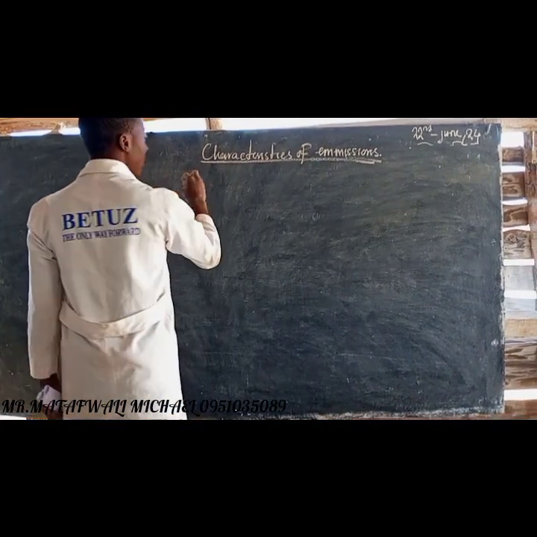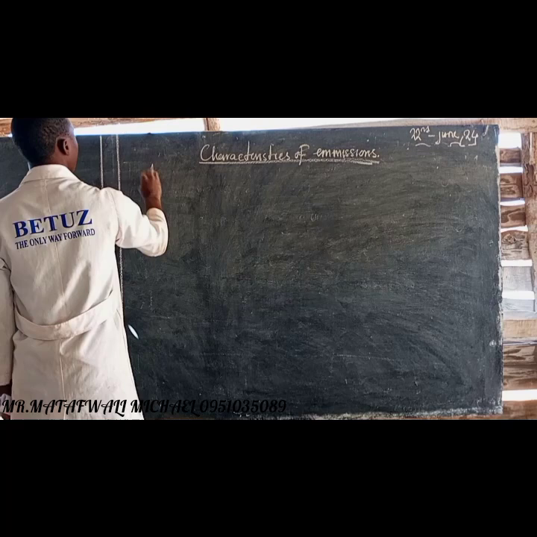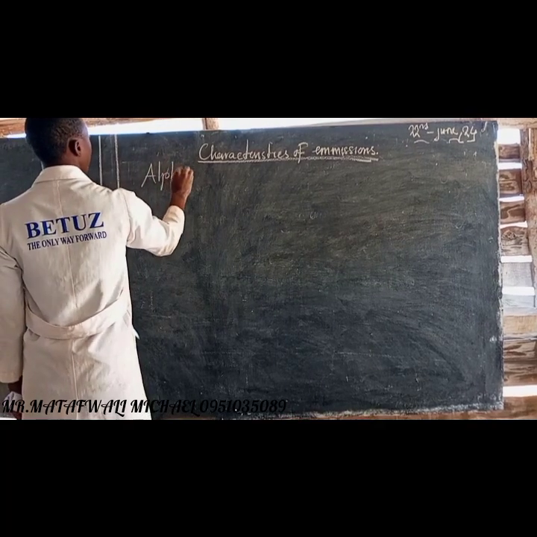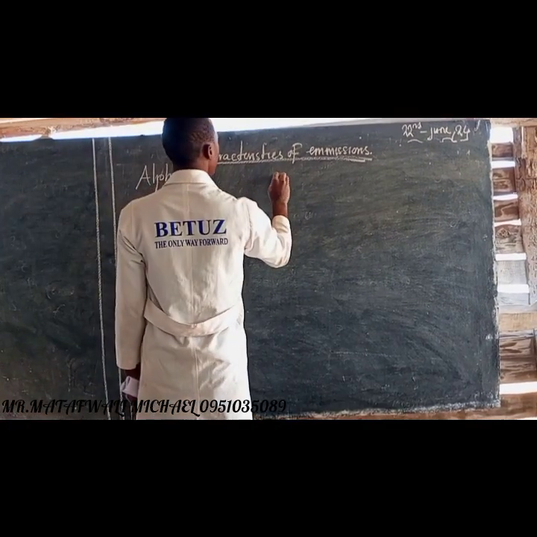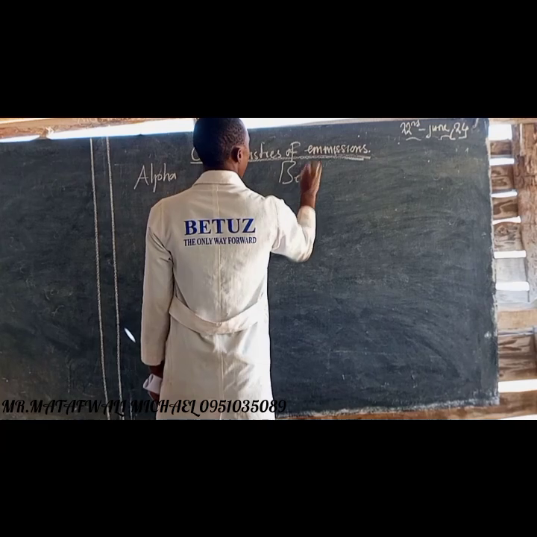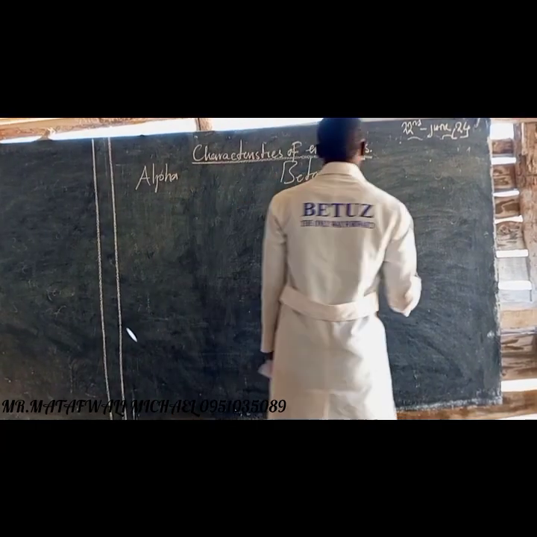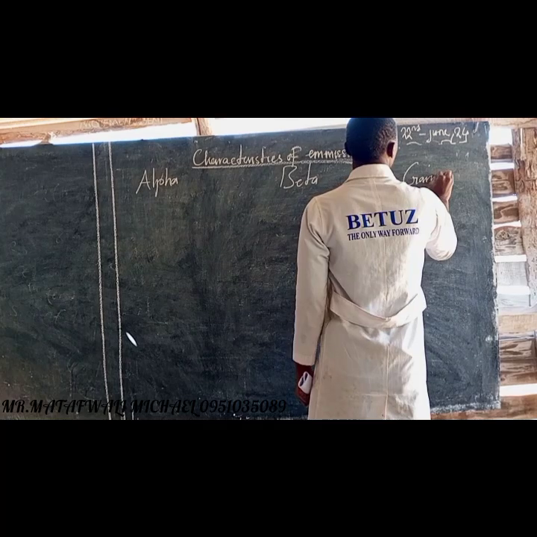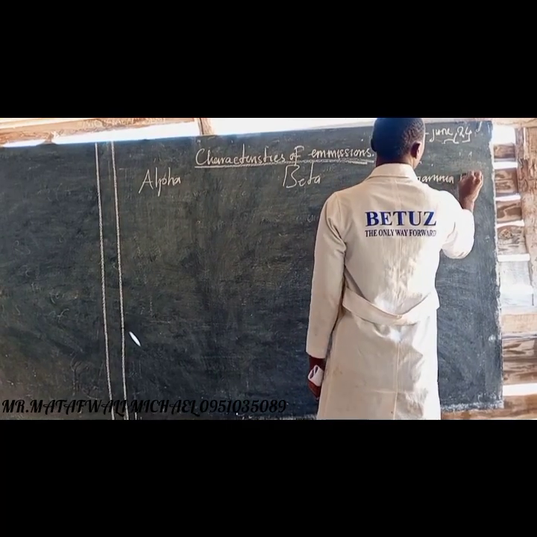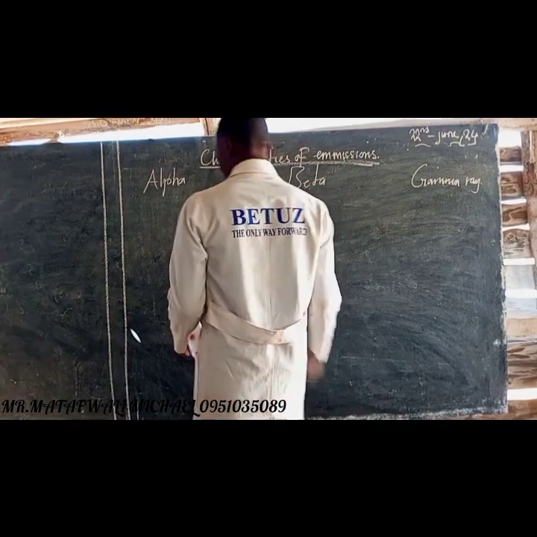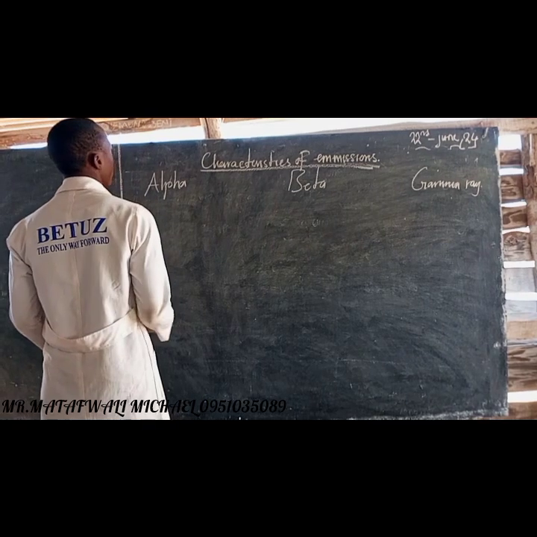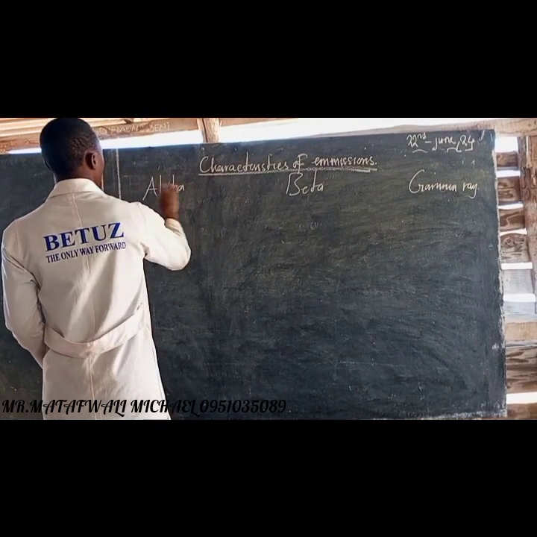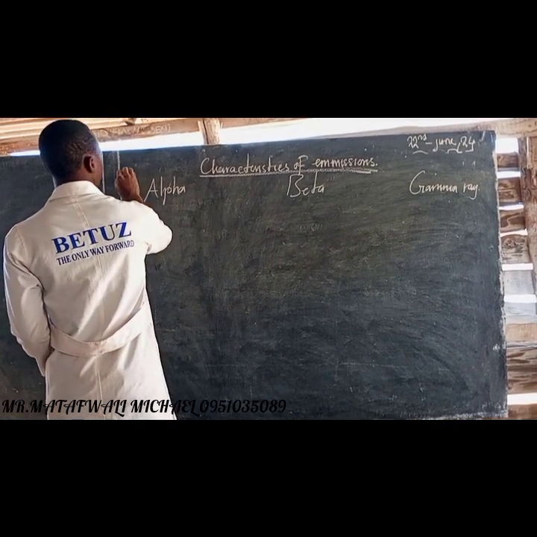So for easy understanding, I'm going to write here alpha. Then at the middle, I'm going to write beta particle. Then at the far end, I'm going to write gamma ray. So it will just be like a box.